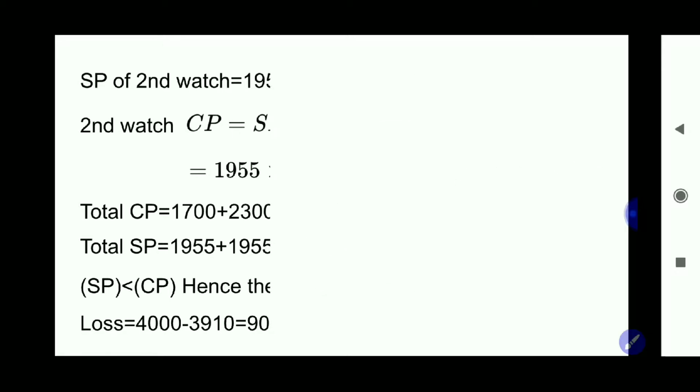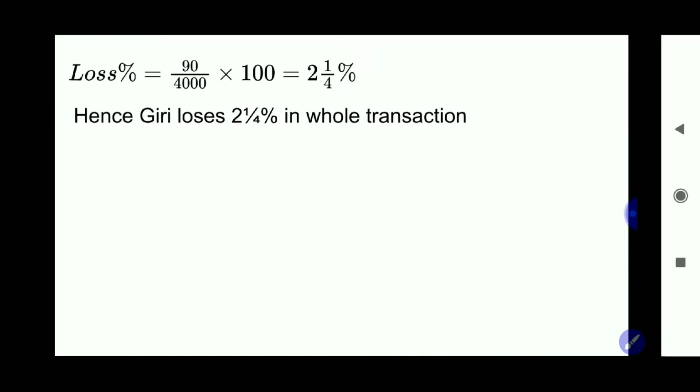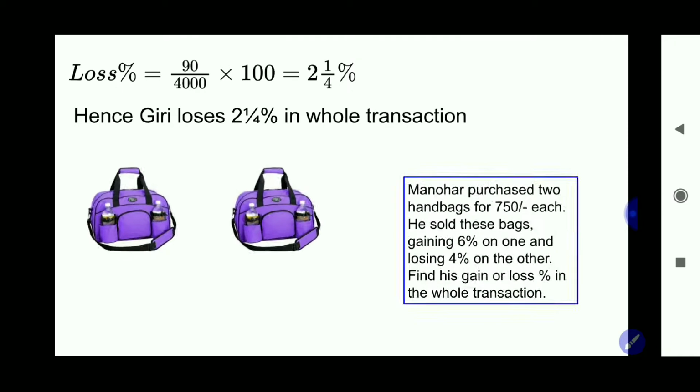That is 90 rupees. So, loss percent is loss by CP into 100. 90 by 4000 into 100. That is 2 and 1 by 4%. Hence, Giri loses 2 and 1 by 4% in whole transaction.